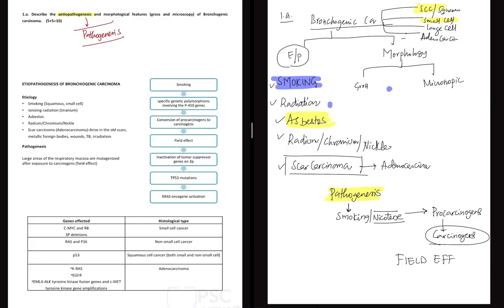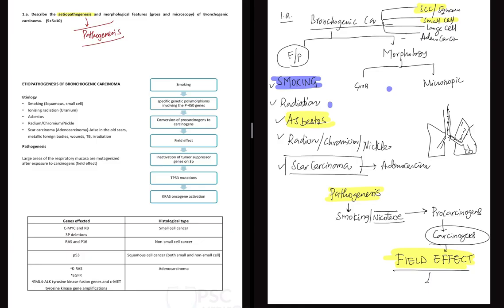That means whenever we inhale carcinogens, the whole bronchus, the whole trachea, the bronchioles, the peripheries, alveoli, everything is under the influence of this carcinogen. So it produces a complete field effect. The aerodigestive tract has this special property. The field effect, we also use this keyword in the pathogenesis of oral carcinoma, right? So there will be a field effect.